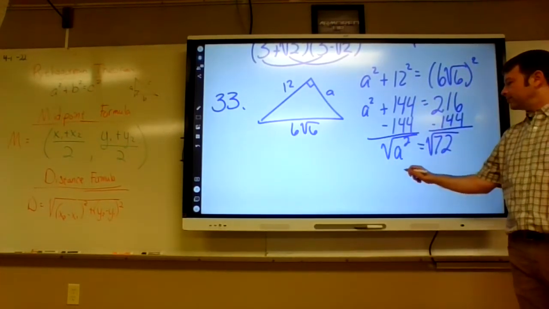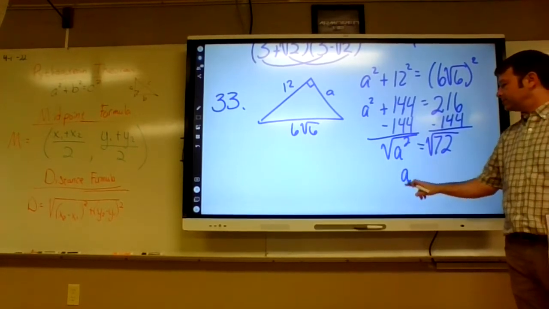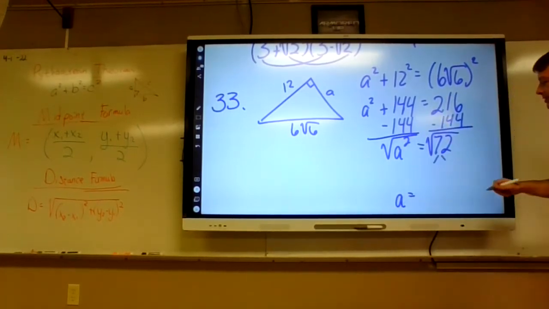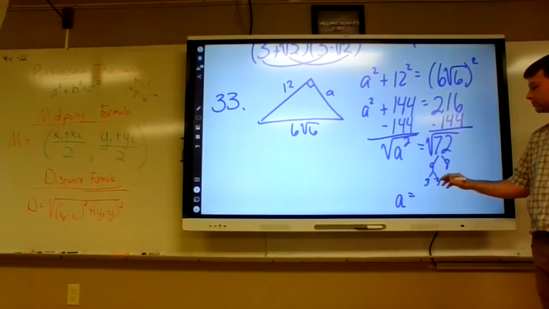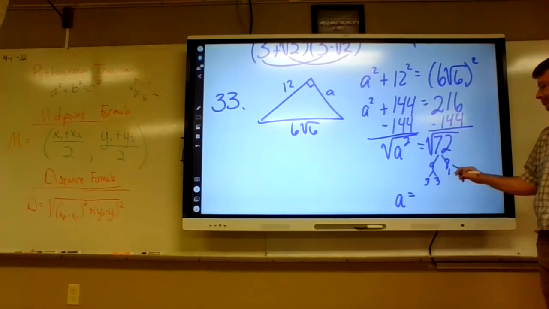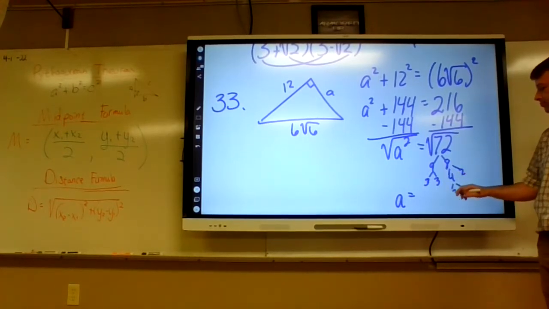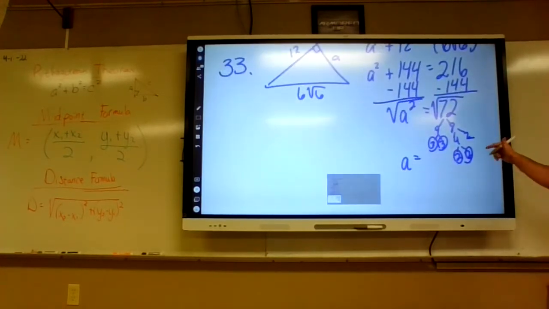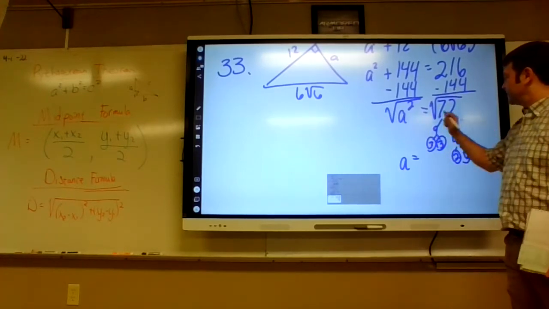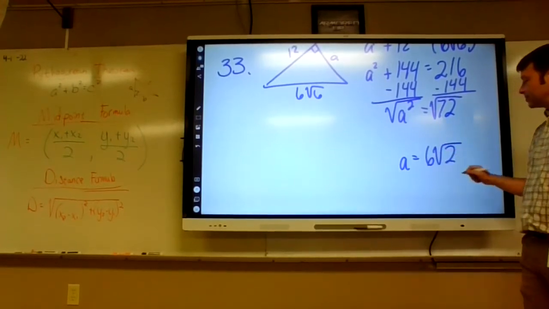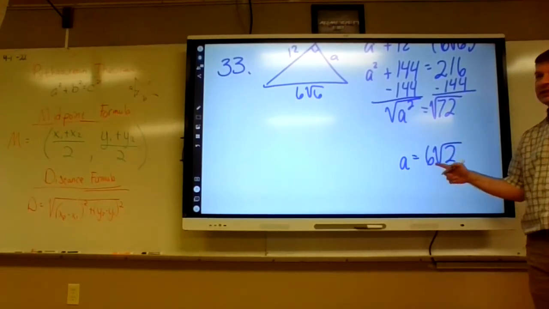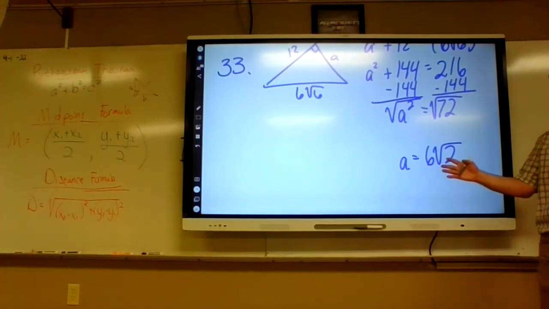So square root of 72, what goes into 72? So it's 6 square root of 2. This is the radical answer. This is an exact answer. That's why they like keeping it like that.